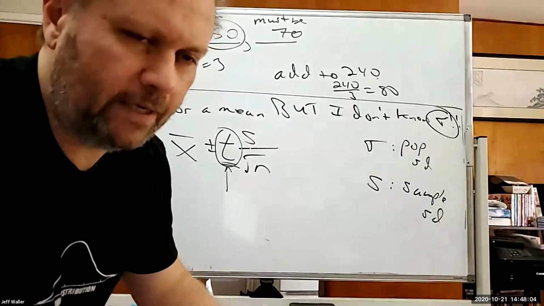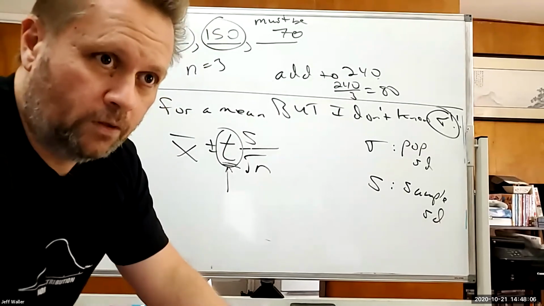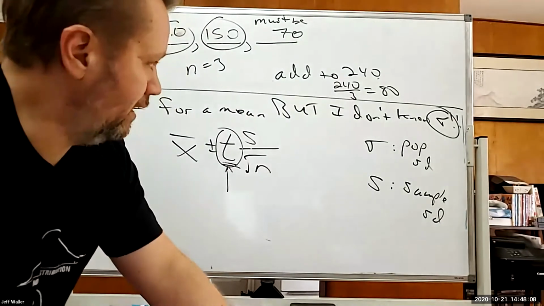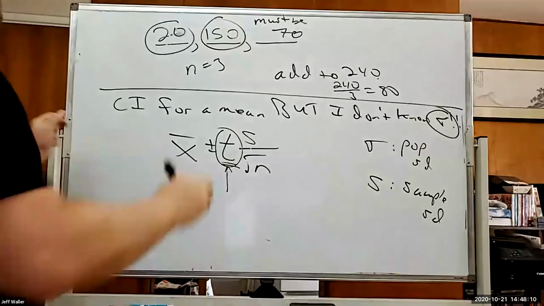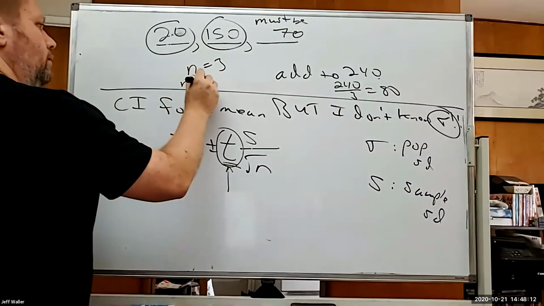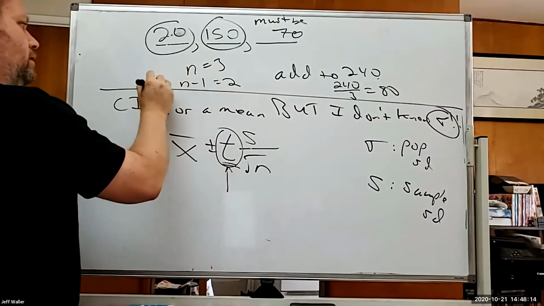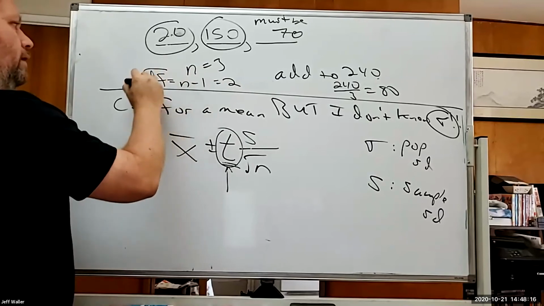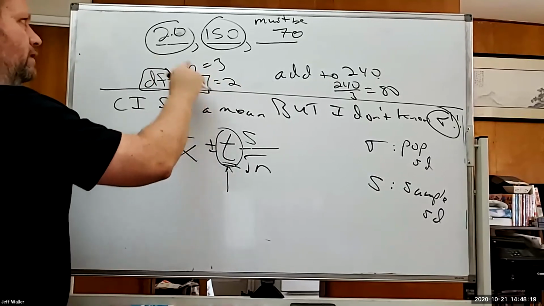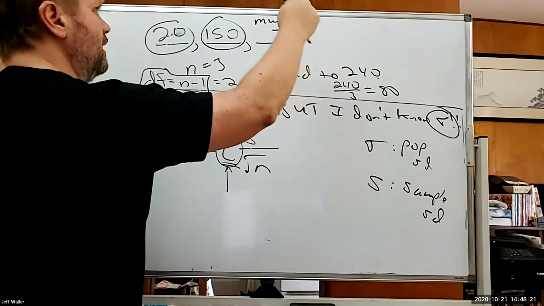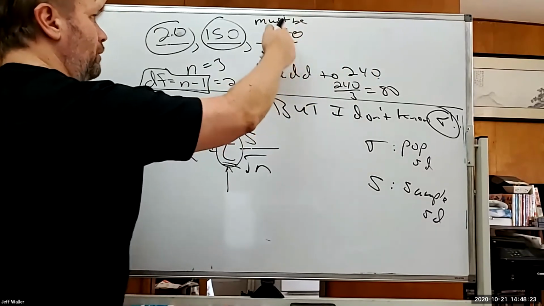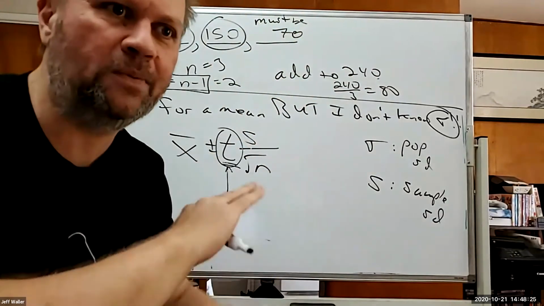Degrees of freedom. So degrees of freedom is always n minus 1, because no matter how long the list is, it's the last number that isn't free to be anything.